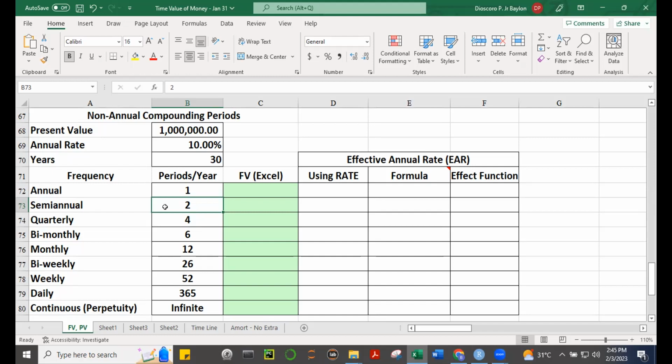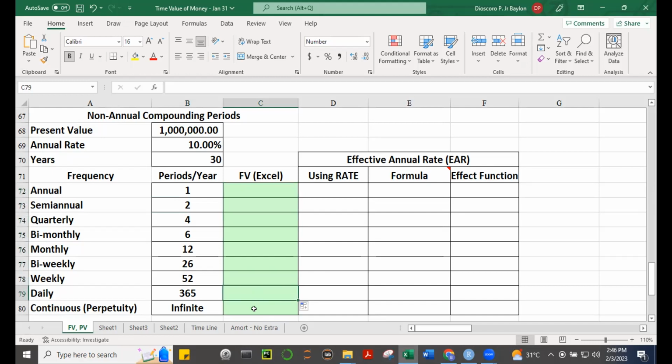So what I want you to do is I'm going to give you a few minutes to compute the future value. Just one formula, and then copy down to 365.